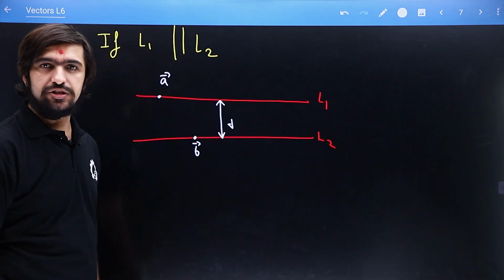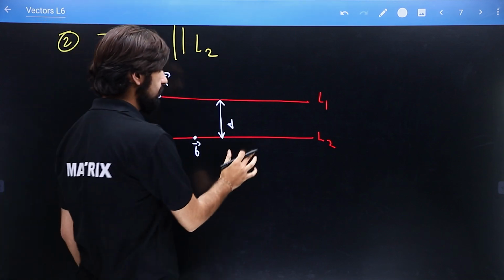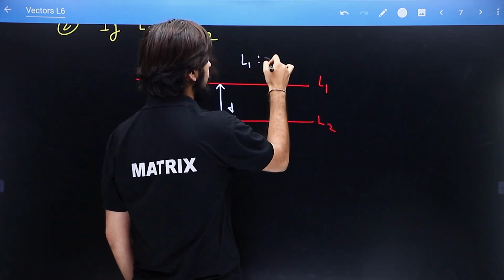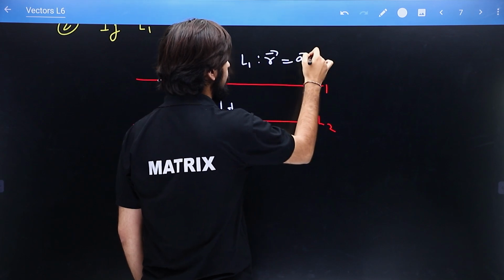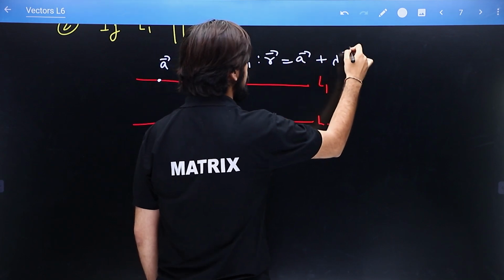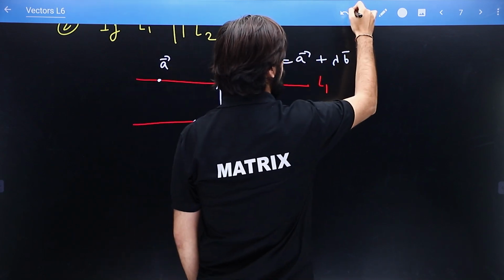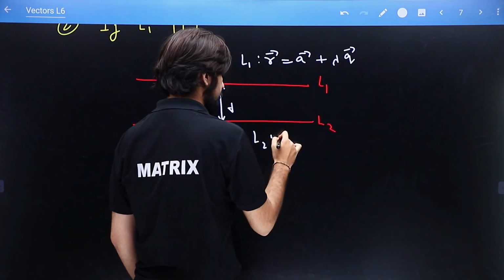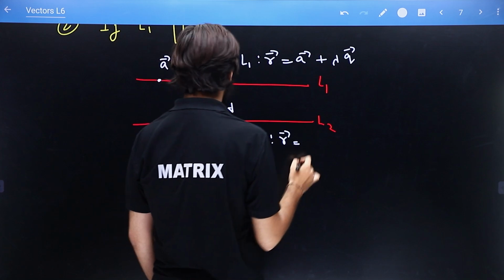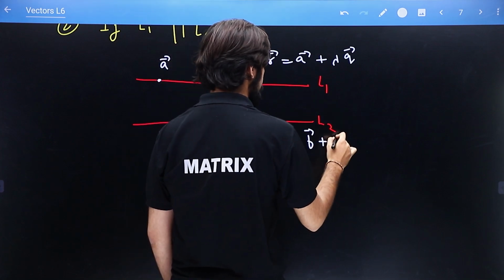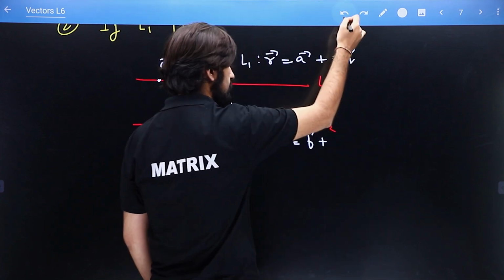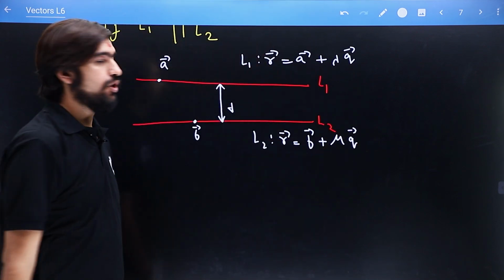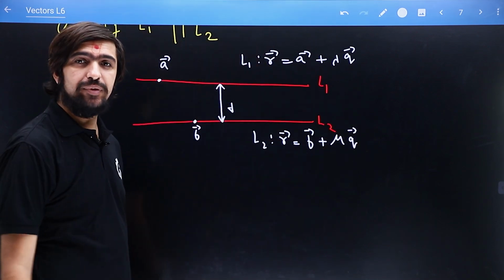You can give the equation of L1 as vector R is equal to vector A plus lambda times vector Q. And L2 can be given like this, vector R is equal to vector B plus mu times vector Q. Why vector Q? Because both lines are parallel, so the direction will be the same.